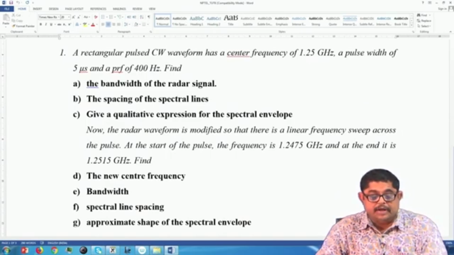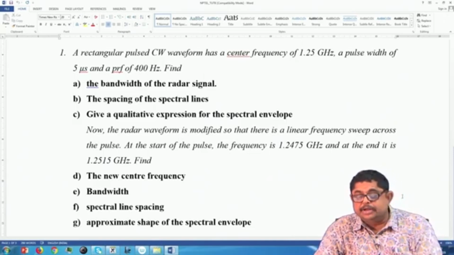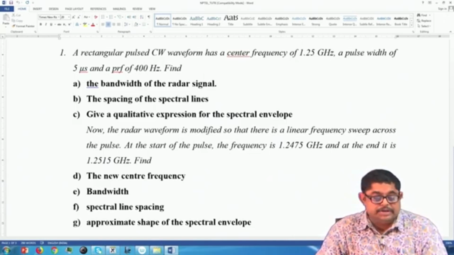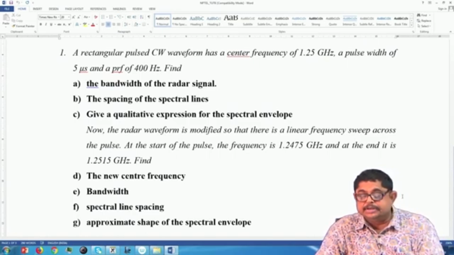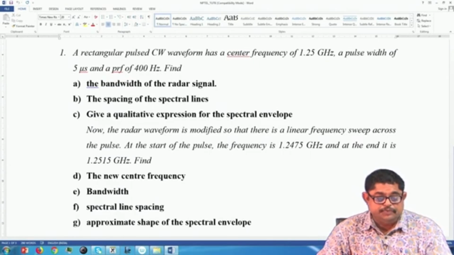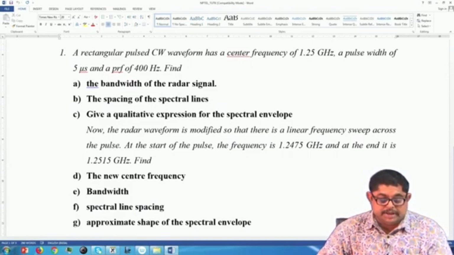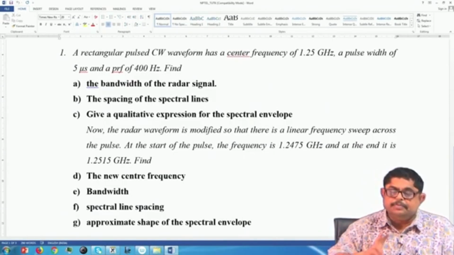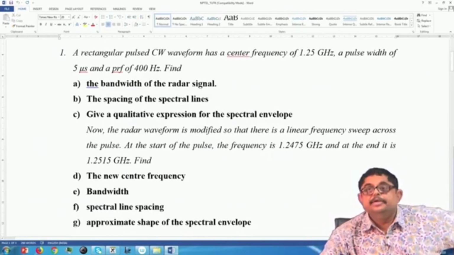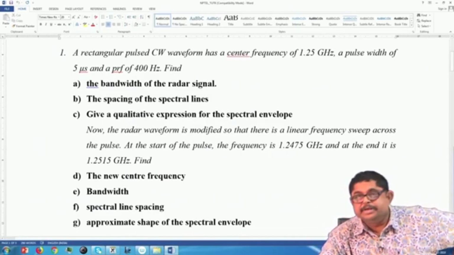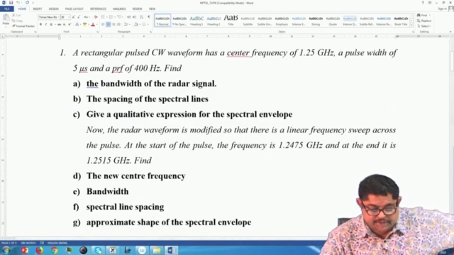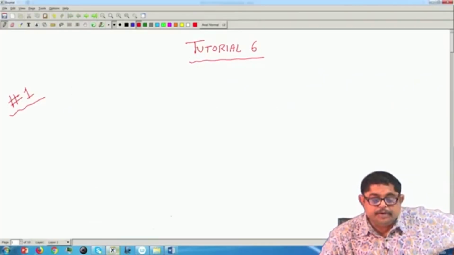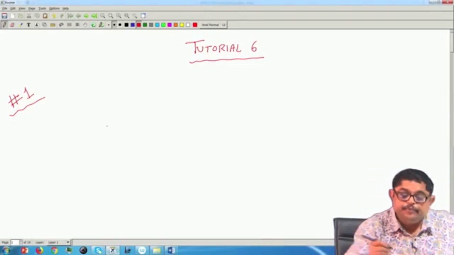Now, the radar waveform is modified so that there is a linear frequency sweep across the pulse. At the start of the pulse the frequency is given, and at the end it is so and so. Find the new center frequency, bandwidth, spectral line spacing and approximate shape of the spectral envelope. So, it is a simple problem, you just have to know the basic definitions, and that we will be seeing. So, this is the first problem.